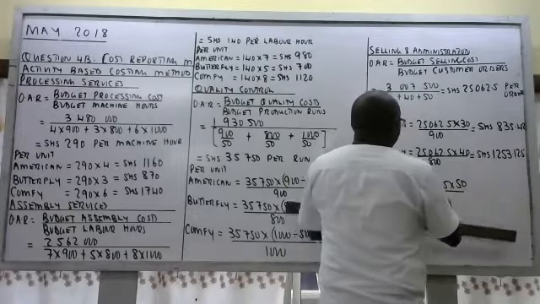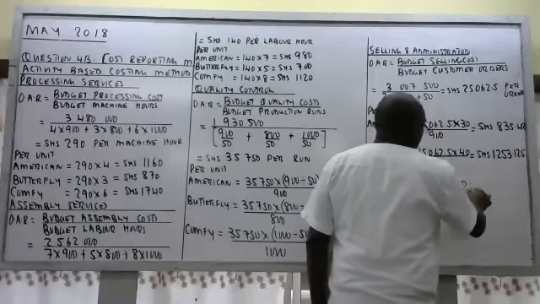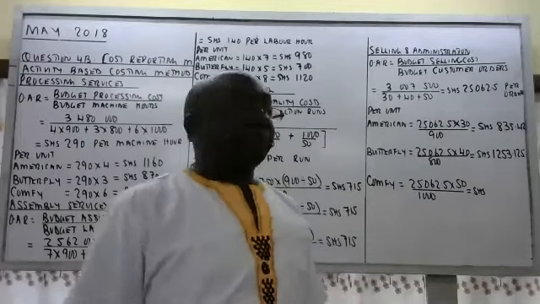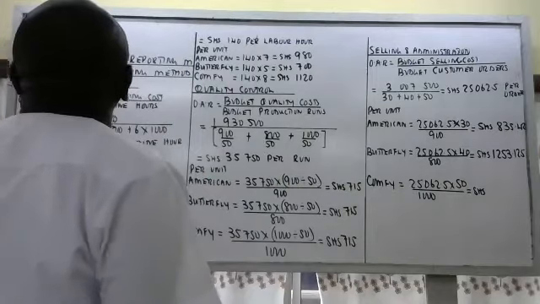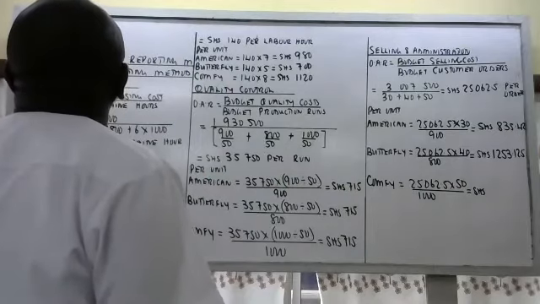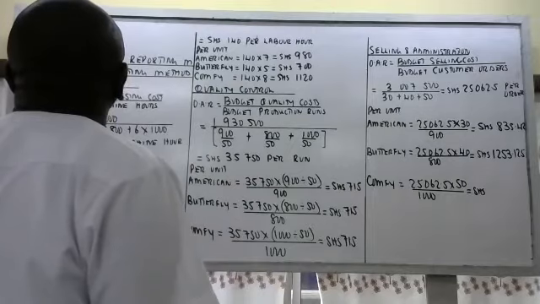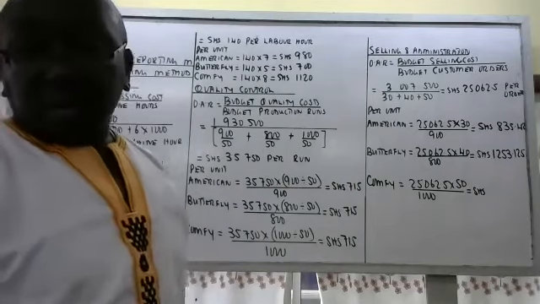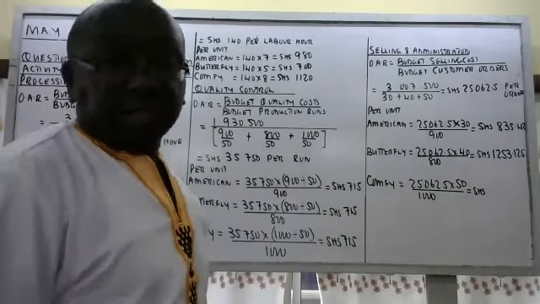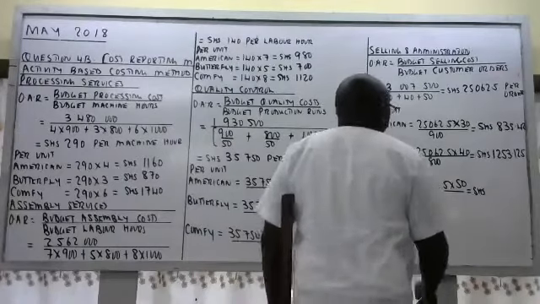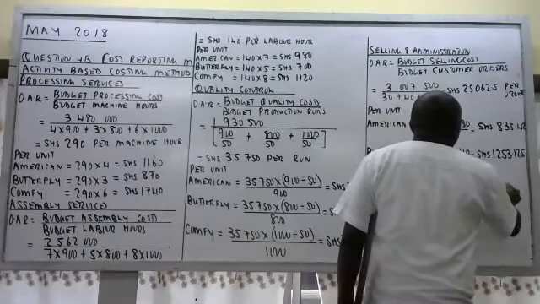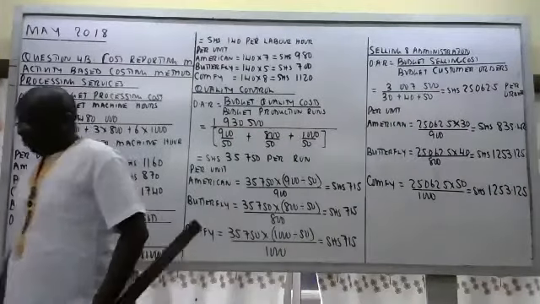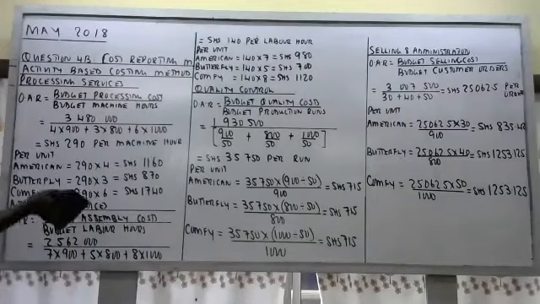You divide by 1,000. Oh, still the same. 1253.125.